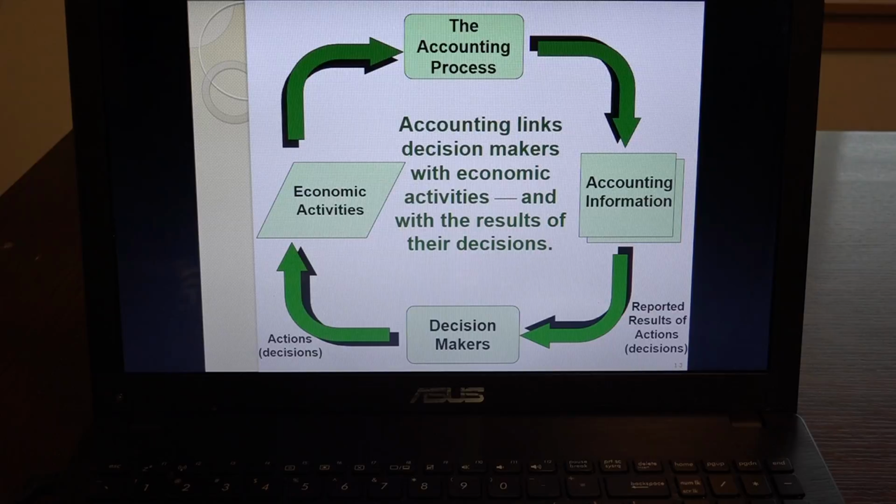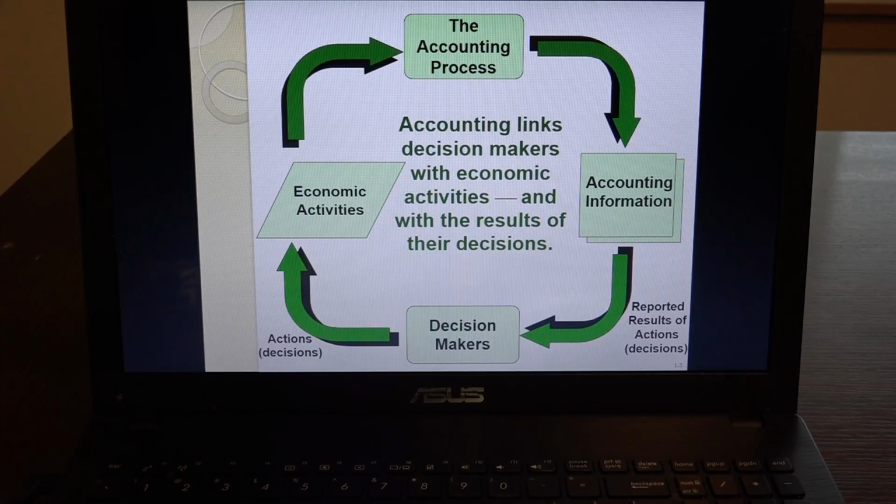If things are going as planned, then you keep things going as they are. If things are not going as planned, you as the decision maker may need to make some revised decisions as to what economic activities the company takes.